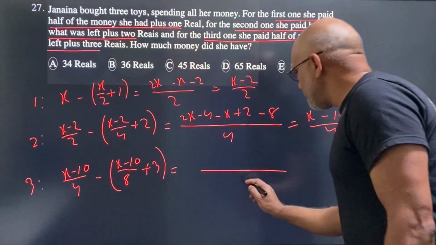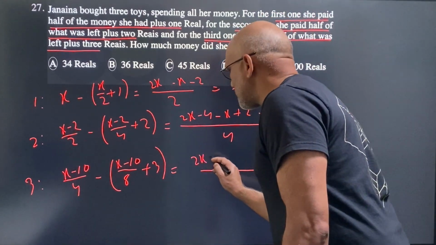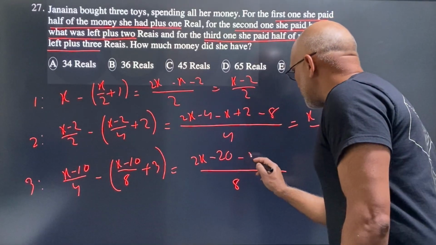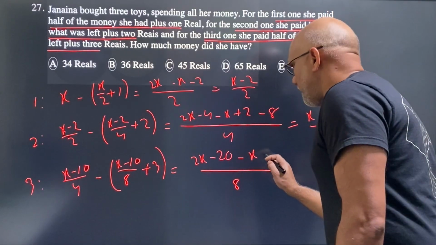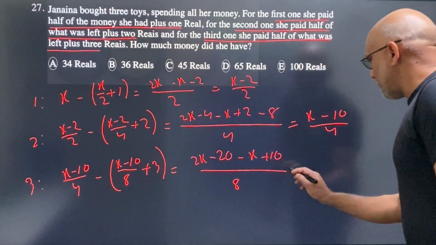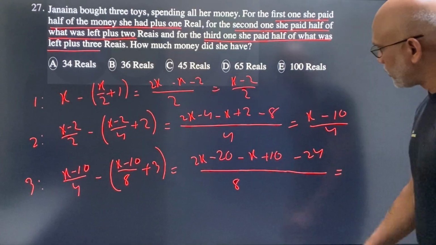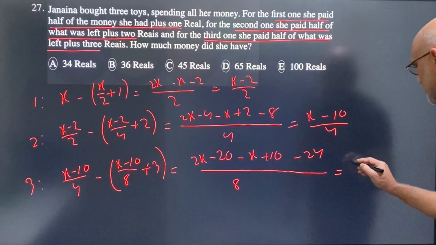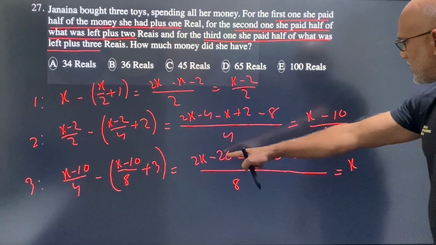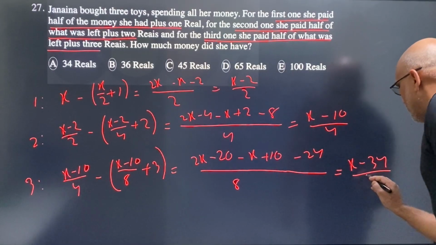This is going to be 2x minus 20, minus x plus 10, minus x plus 10, and then minus 24. So 2x minus x is x, and then minus 10 minus 24 is minus 34, over 8.